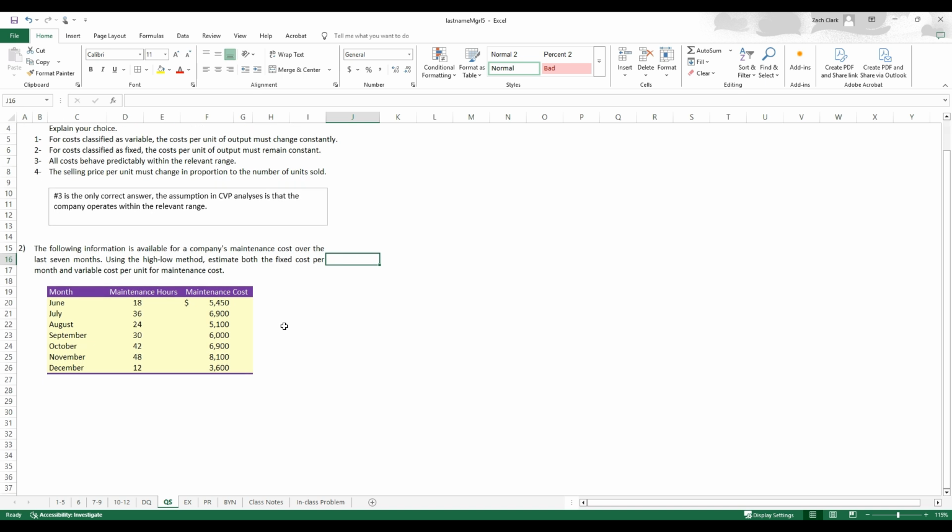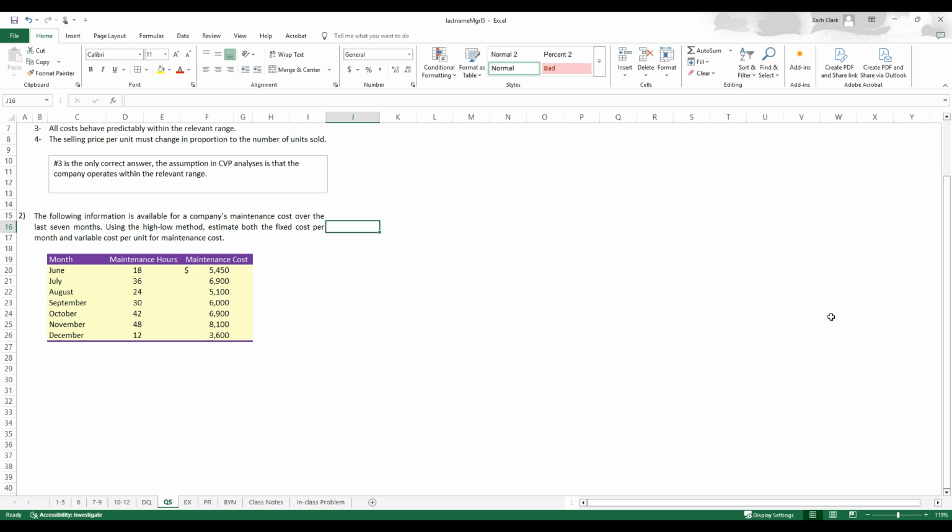Okay, let's look at number 2. The following information is available for a company's maintenance costs over the last 7 months. Use the high-low method to estimate both the fixed cost per month and variable cost per unit for maintenance costs. So let's go ahead and do our high-low.